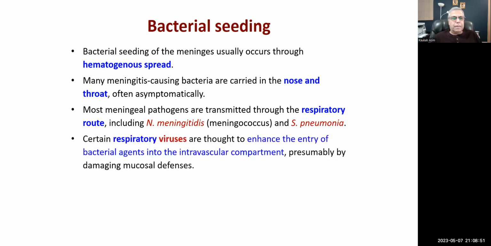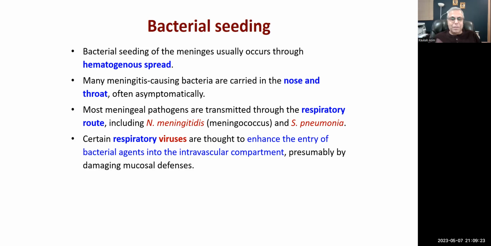All right. Certain respiratory viruses are thought to enhance the entry of bacterial agents. You see, we discussed this in the respiratory tract as well. When there is a viral infection, it prepares the ground for bacterial infection, because in the respiratory tract, the viral infection will impair the mucociliary escalator.